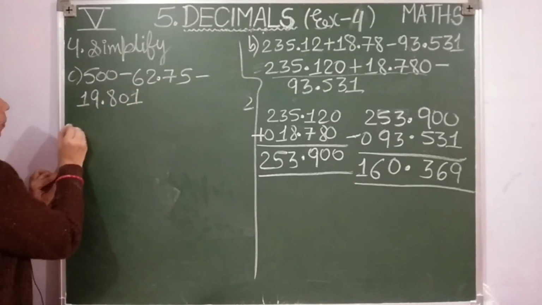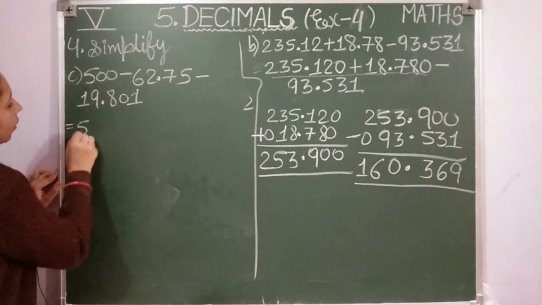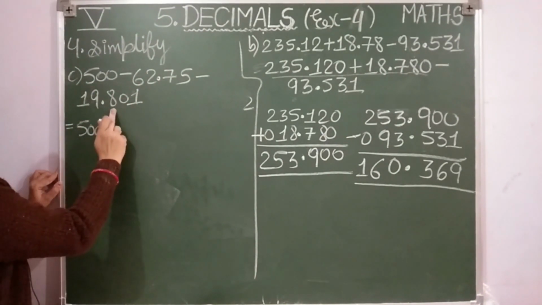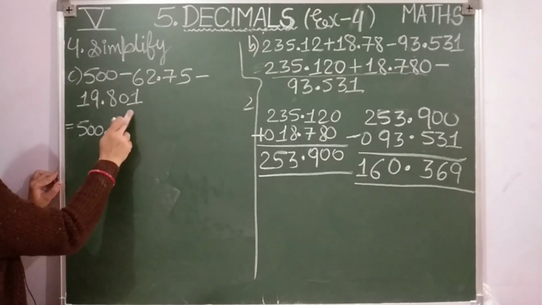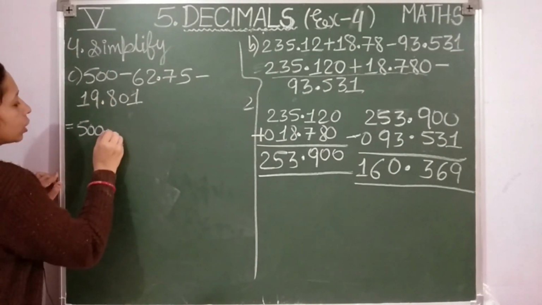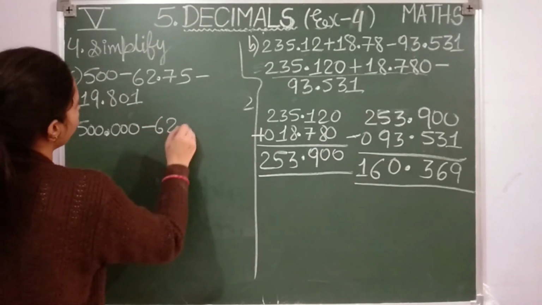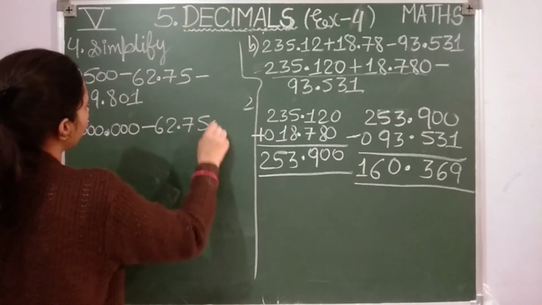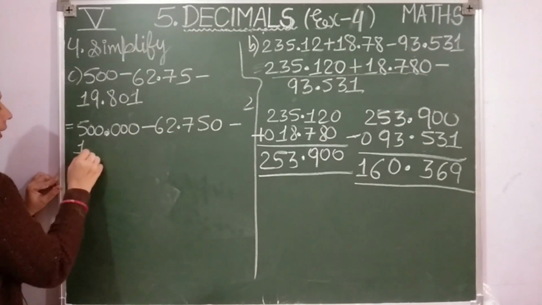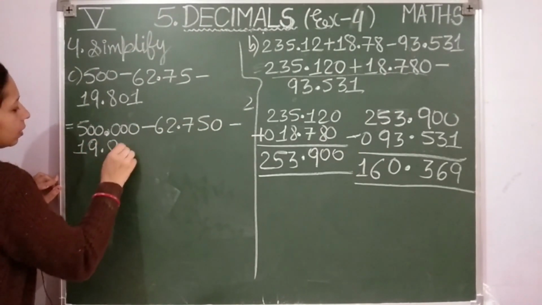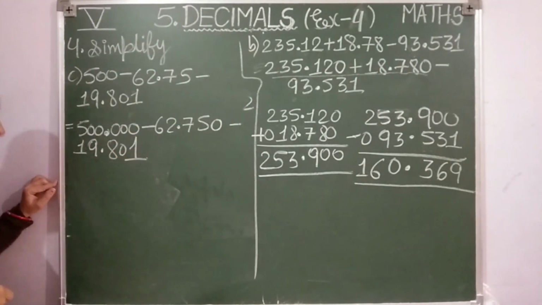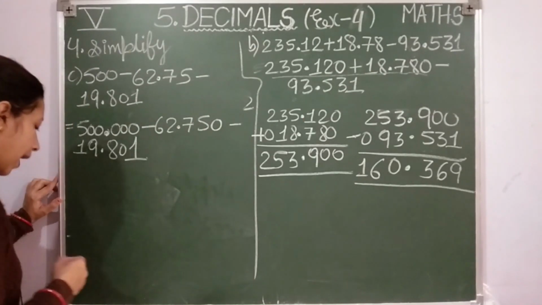Okay, now convert them into like decimals, means 500 point. Here I can see in the third decimal number it is given up to thousandths place. So that's why after point I will take thousandths place, minus 62.750, again minus 19.801. Okay, students, now we have converted them into like decimals.